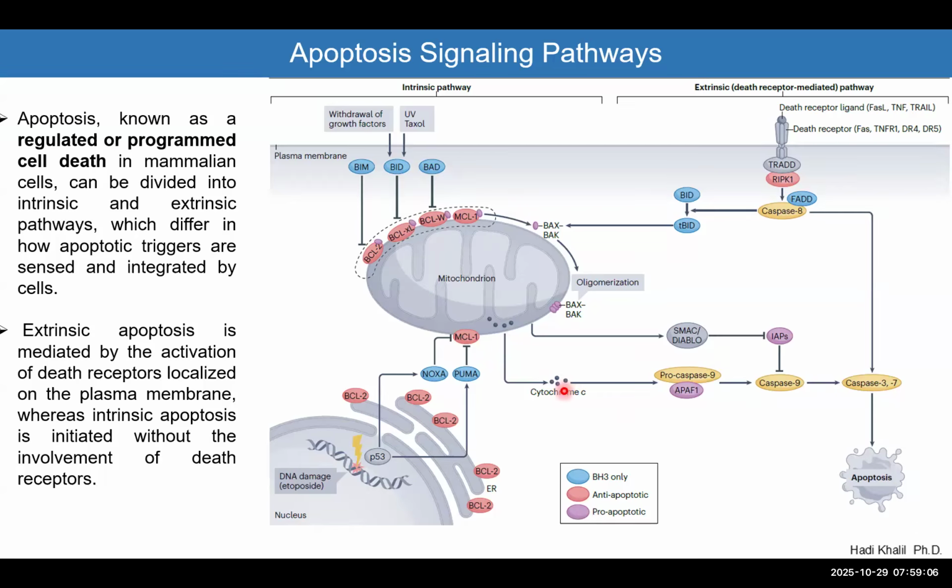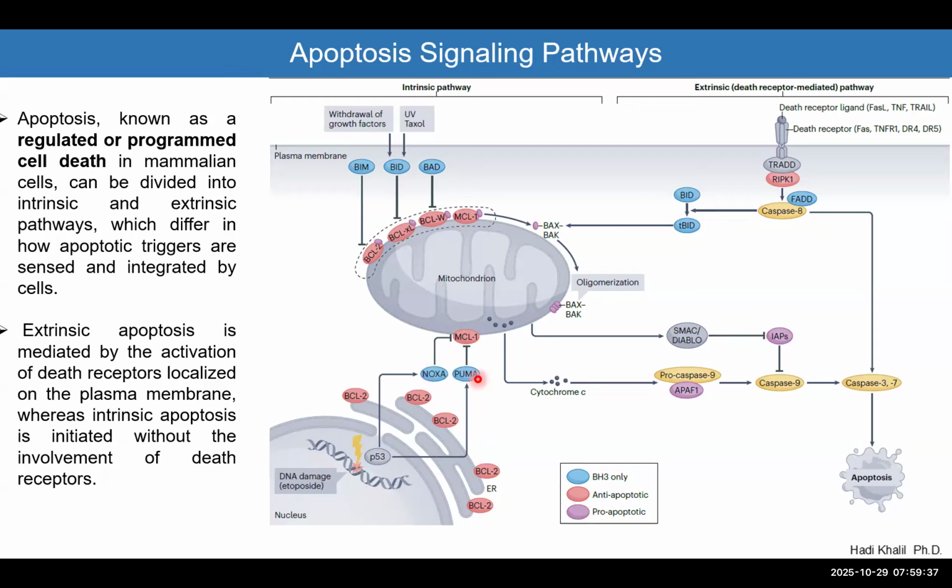So what happens in a situation where the intrinsic pathway is induced, like by DNA damage? Now you can have a global overview of what we have described over three or four lectures. Whatever the reason, whether ROS-related or other damage to the DNA, it induces p53, and p53 induces the level of NOXA and PUMA.